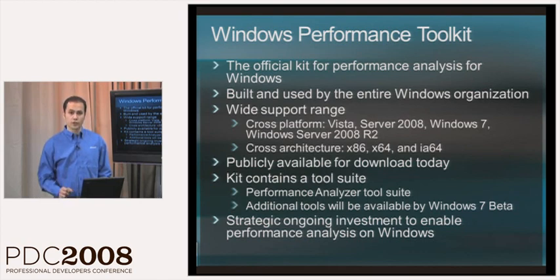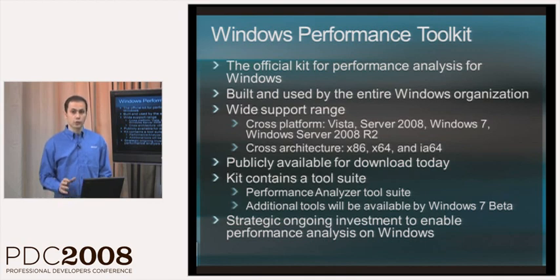It has a wide support range. We support this on Windows Vista, 2008, and the upcoming Windows 7 and 2008 R2 releases. We support all three architectures, x86, x64, and IA64. And this is publicly available for download today, and I'll show you later how to actually get to it.